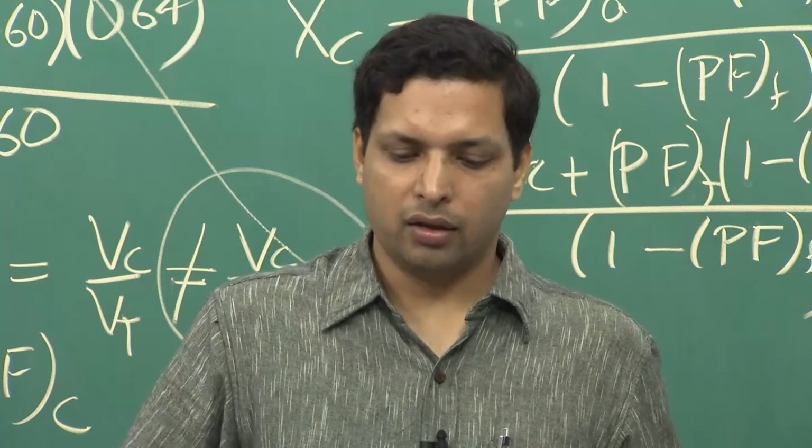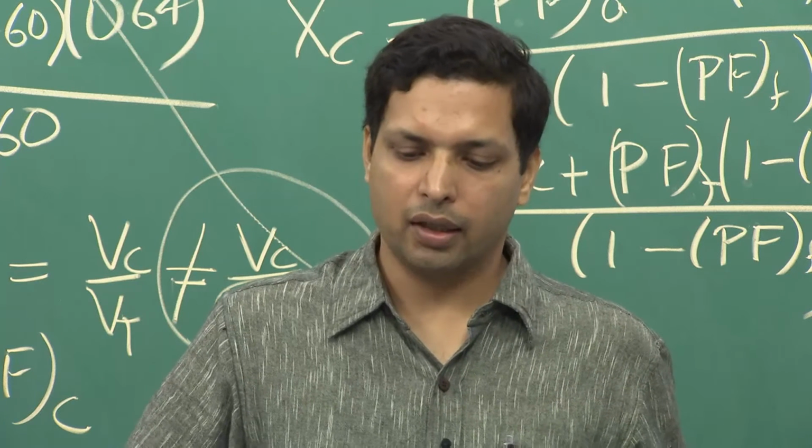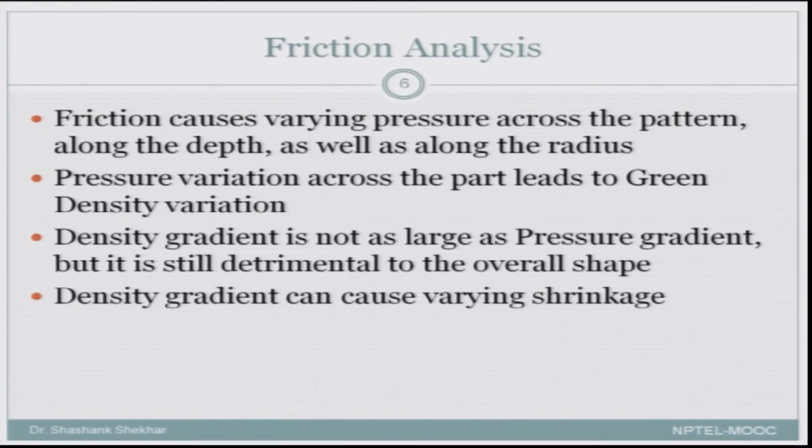So, we need to take a quick look at how this pressure can vary, and one of the reasons that pressure varies is friction. So, let us look at the pressure variation that will occur because of friction.